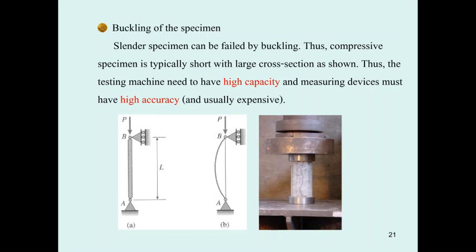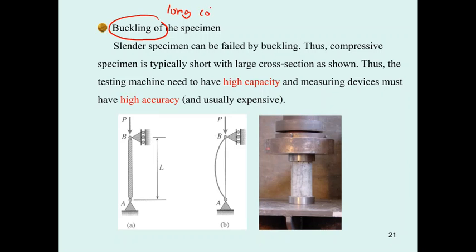Okay, and the second one is buckling. You may take a ruler and push it. You may see that it's going to have lateral deformation. That's called buckling of the specimen. We don't like to have this, because buckling is not a material failure. Buckling occurs in a long column.